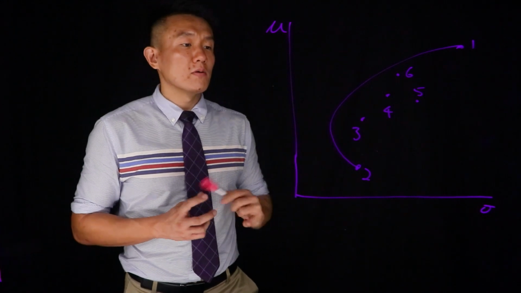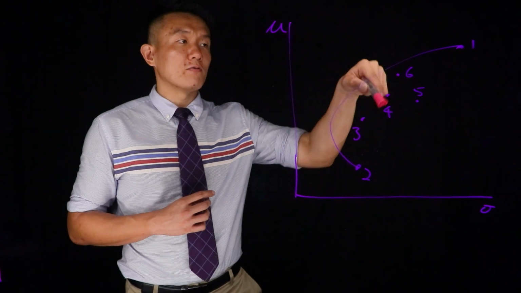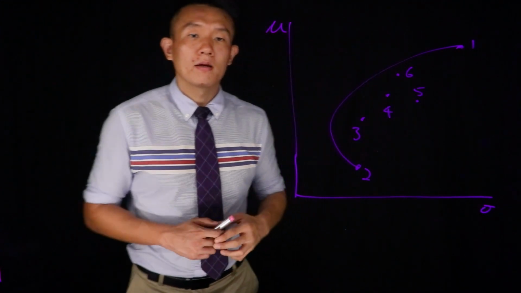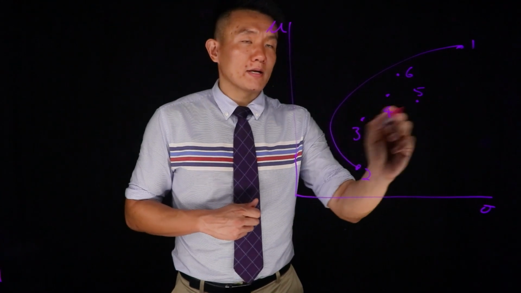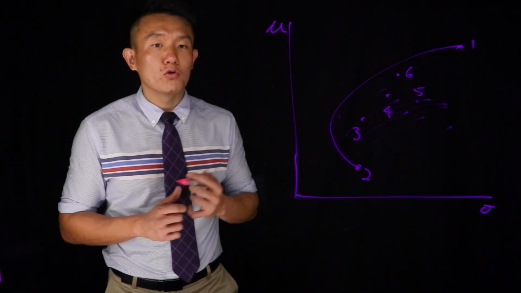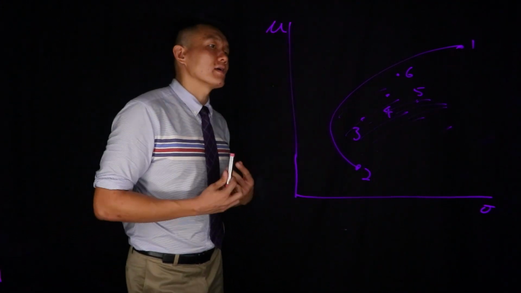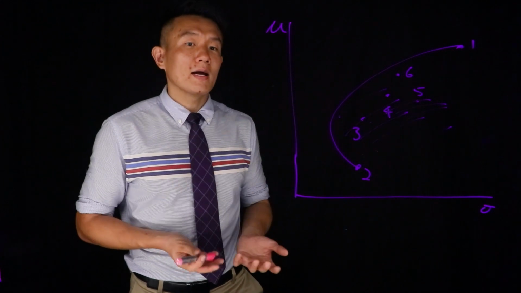There are portfolios I can make with stock 1, 2, 3, 4, 5, and 6. But I don't want to consider anything in here because anything inside here I could strictly improve upon. So what I want to think about is the line of portfolios that I can't improve upon.